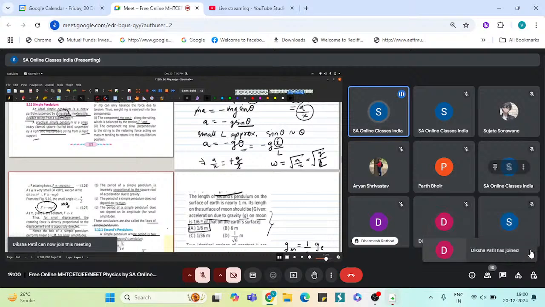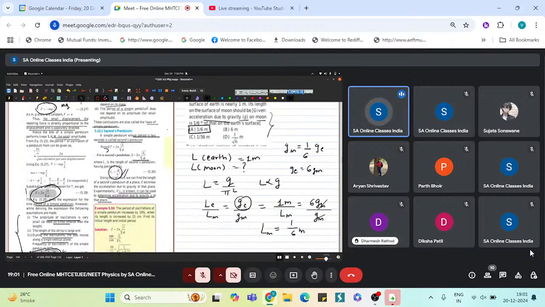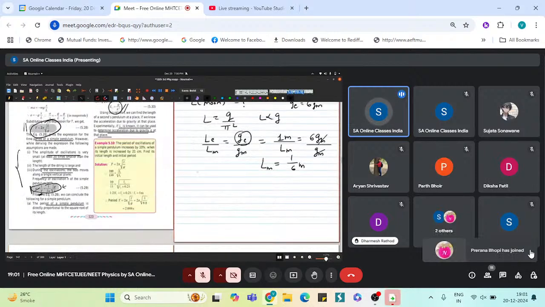So d2x by dt square is equal to minus gx upon l, which is essentially the equation of motion, the relation between acceleration and displacement. We had also looked at the formula for the time period of a simple pendulum, which, to reiterate, is 2 pi into root of L upon G.